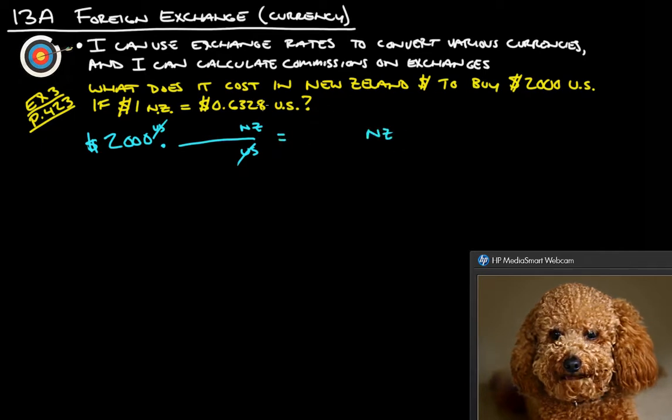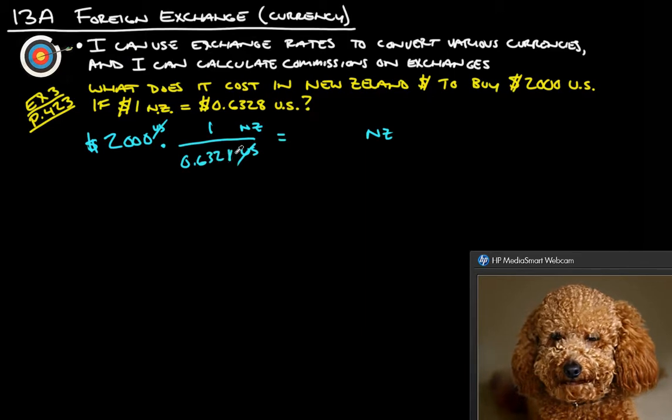So it is 1 New Zealand dollar equals 0.6328 US dollars.